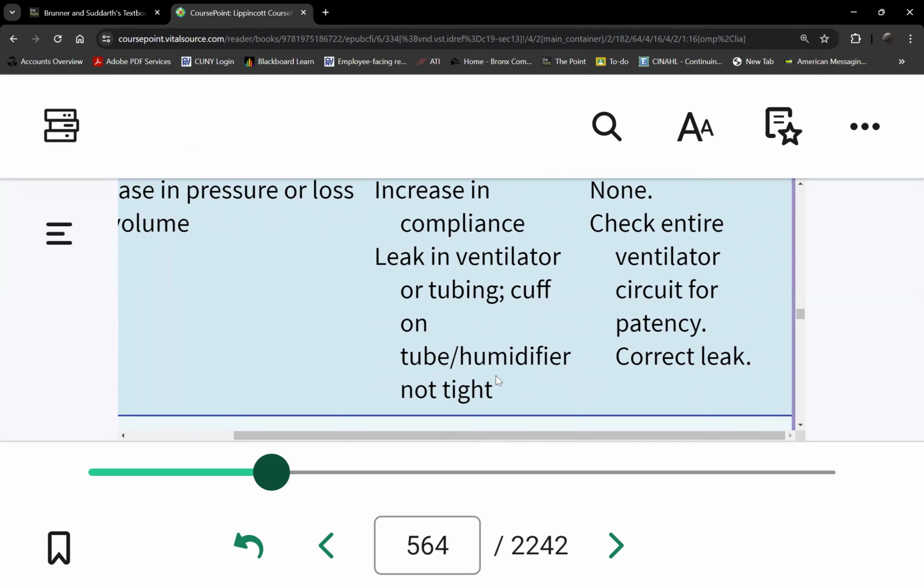It will trigger a low pressure alarm, and it's easy because it has different tones. So if you hear it, you can tell that's a low pressure alarm. Or if you're not familiar, just go to the vent and look at the screen. If the screen says low pressure, then these are the causes.